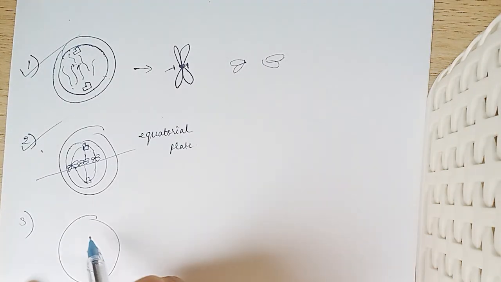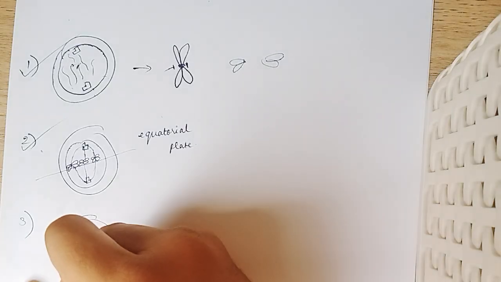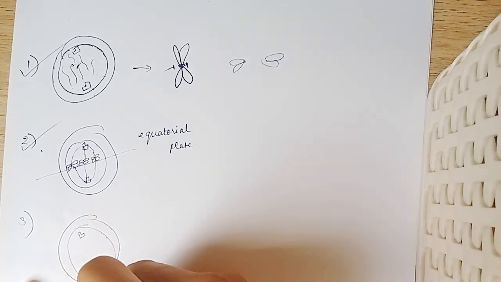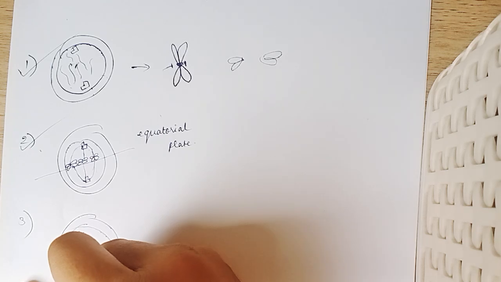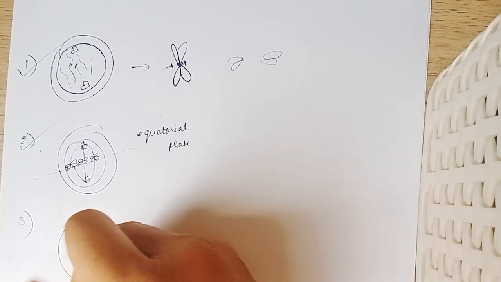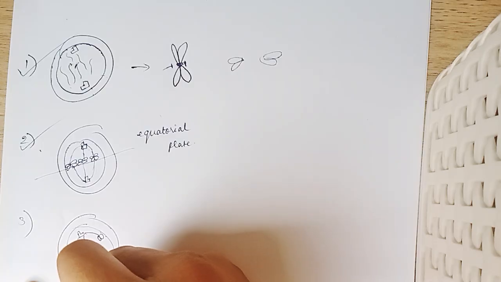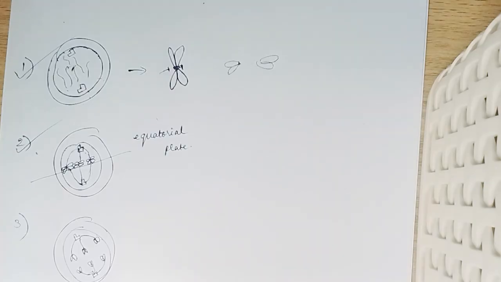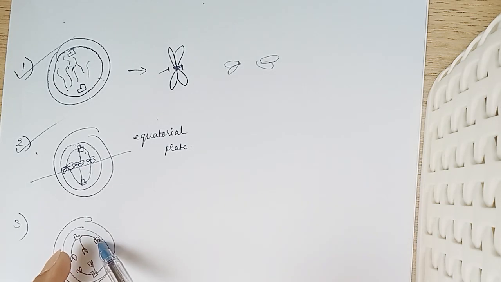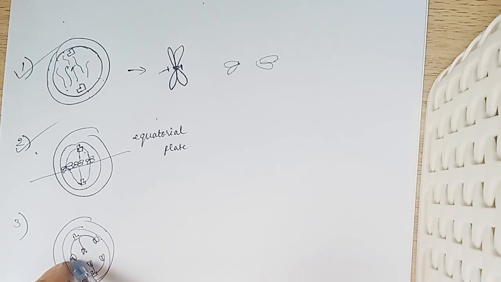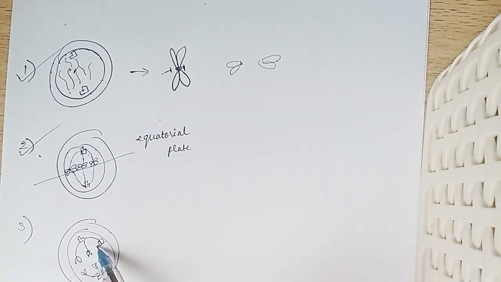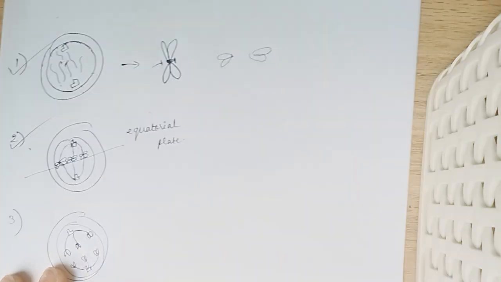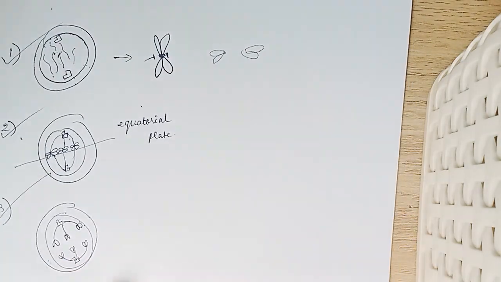So in anaphase, the chromosomes split into chromatids. This is what happens in anaphase. The main thing that happens in anaphase, the chromatids split and move to opposite poles. So the spindle fibers keep on retracting until all the three, or however many chromosomes or chromatids there are, move to the opposite sides. So that's what happens in the anaphase.